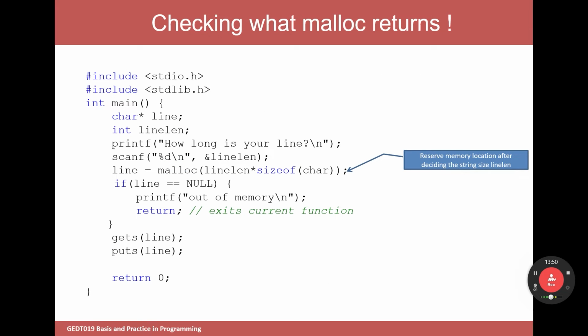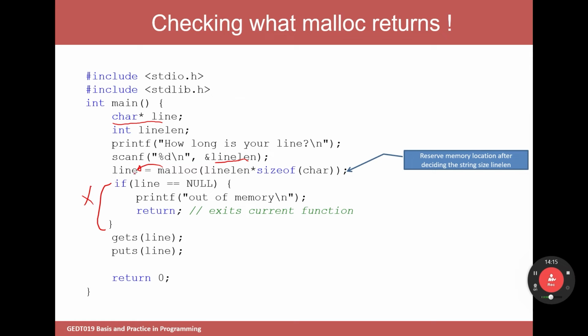Okay, so here is how we can do this. Here is the example. We have line, which is the string. And then I will ask, okay, how long is your line? How many characters do you want in one line? And then I will do the reservation. After the reservation, I will check, does malloc return null here or just a normal pointer? If it returns a normal pointer, this one will never run.